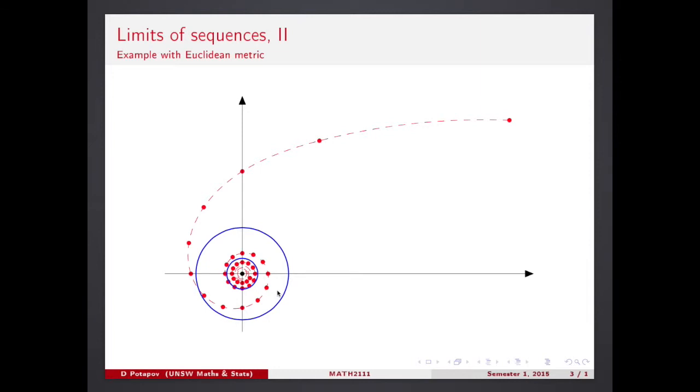As a matter of fact, just the interior, because a ball is given by the strict inequality, so we don't take the boundary. So no matter how small you take a disk, your sequence eventually will enter the disk and will never leave after that. If you take a disk large enough, your sequence may be inside the disk for a while, but after a while it will leave.